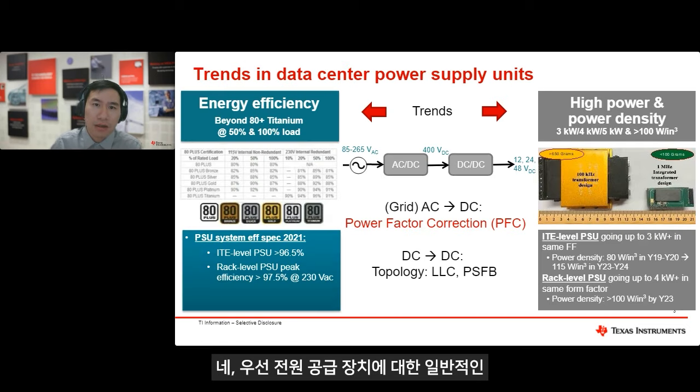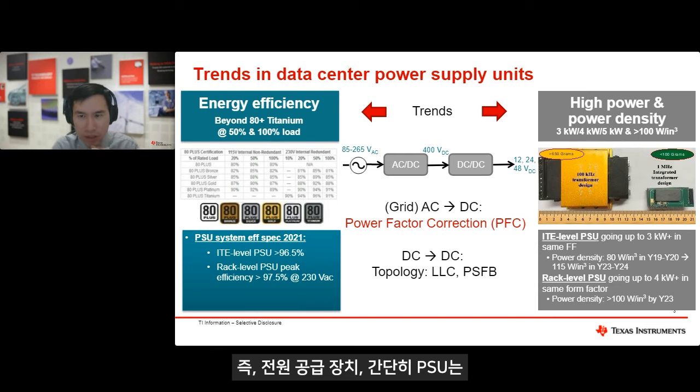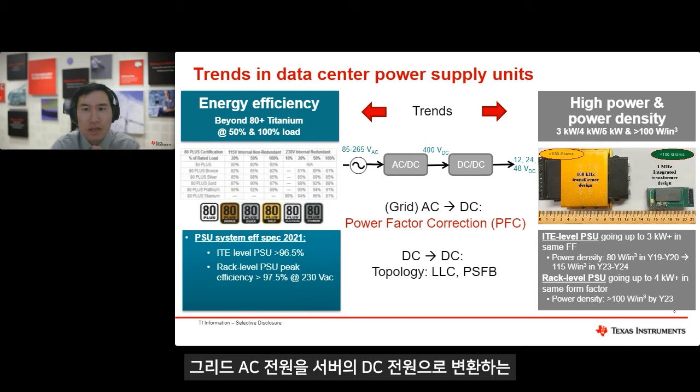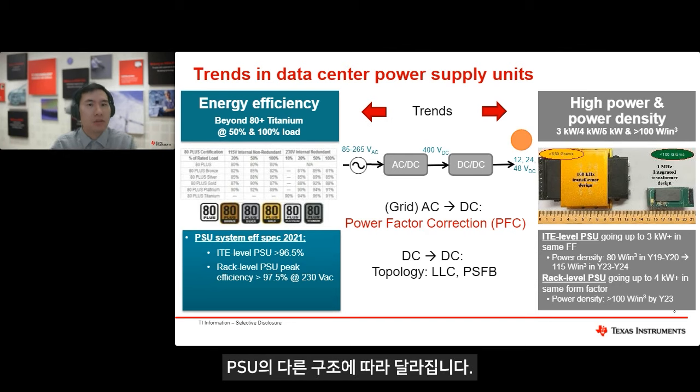Okay, let's start with the general introduction of power supply unit. Power supply unit, or in short PSU, is an internal IT hardware that converts the grid AC power to DC power for the server. The AC is the grid voltage, and the DC depends on the different structure of the PSU.